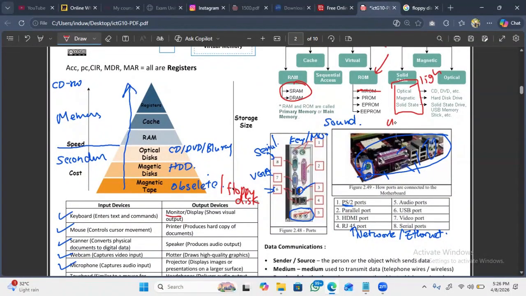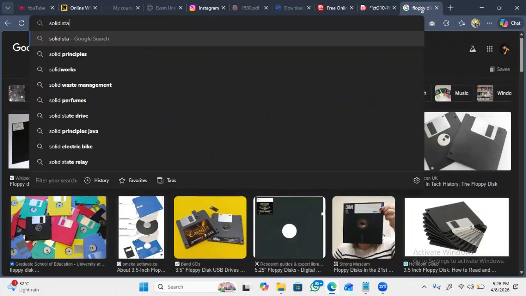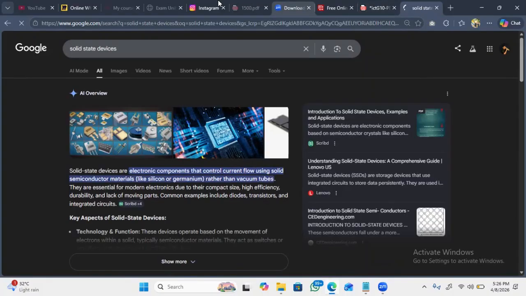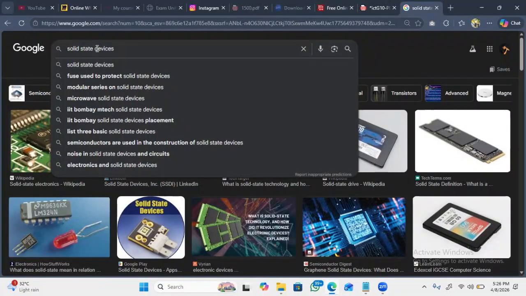We have USB drives, universal serial bus, and memory cards. We have SSD and NVMe, all those things. Solid state storage devices.